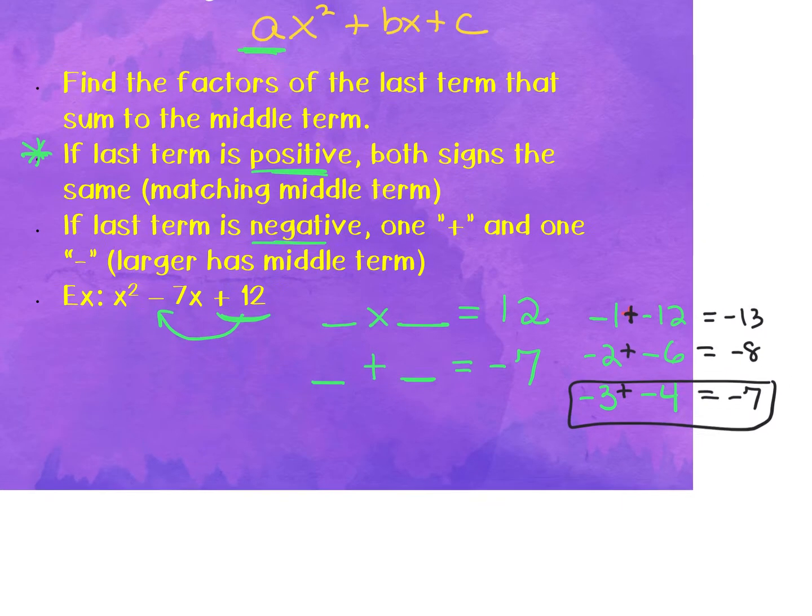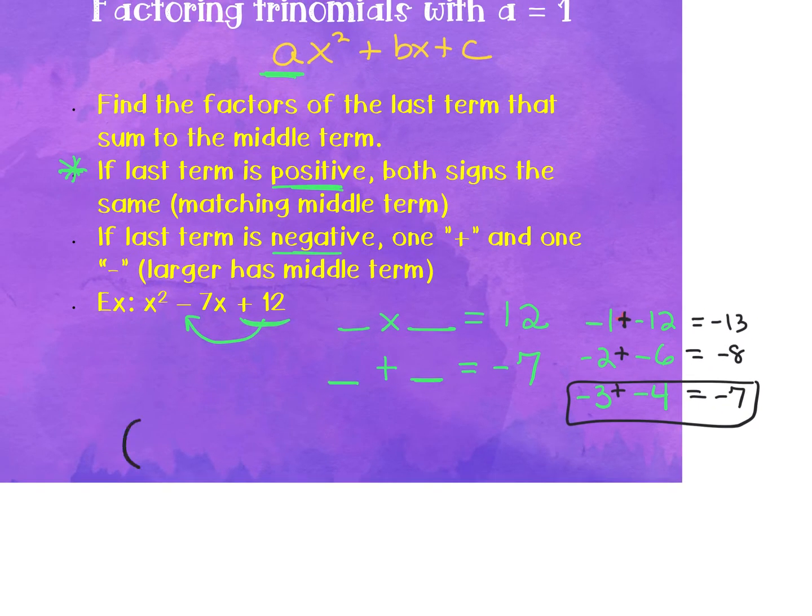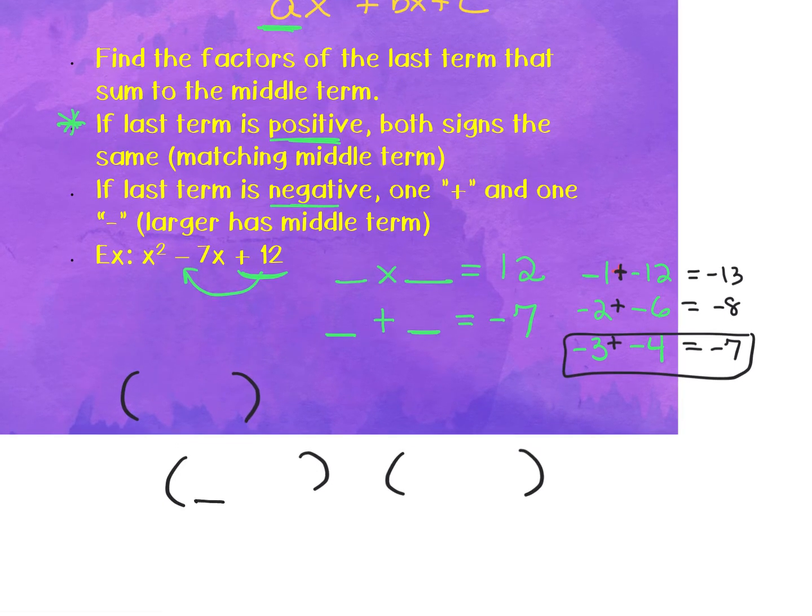So what I'm going to do now is create two binomials. Maybe I'll do it down here so it shows up better. The first spot here is the factors of the x squared. So I just put an x here and an x here. And then in this spot are the factors of the negative 12. And that's going to be the negative 3 and the negative 4.